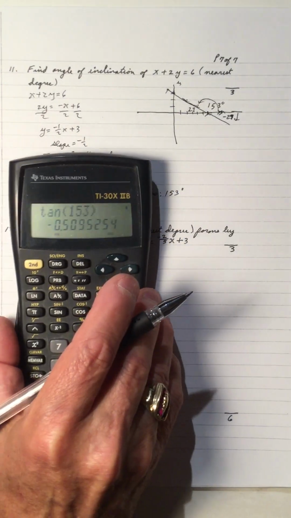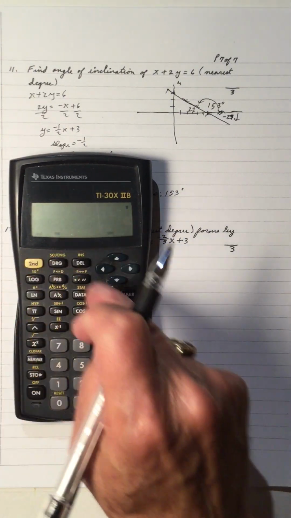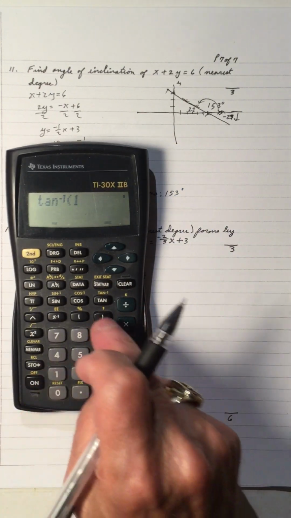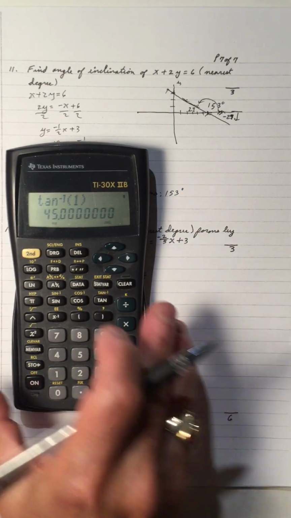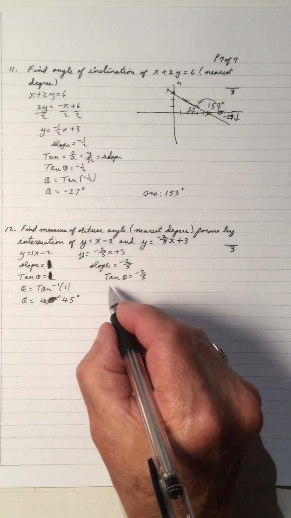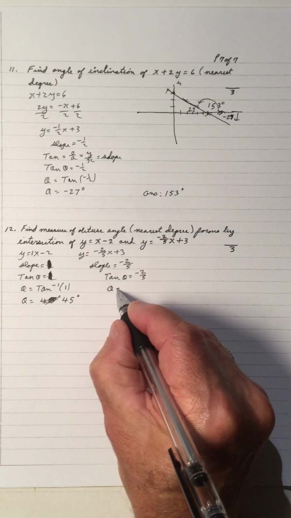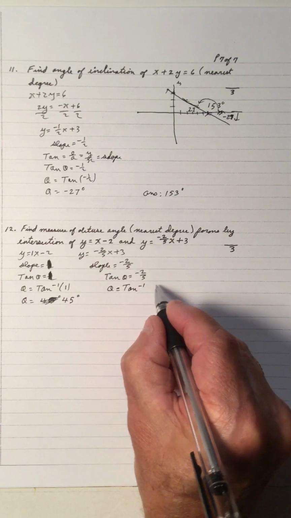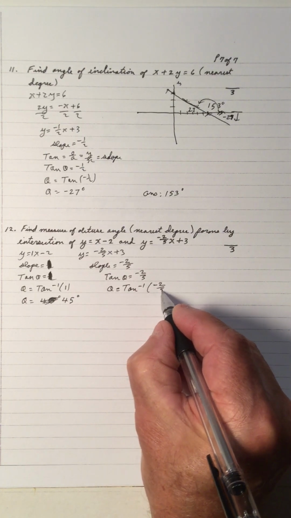So let's use my calculator. Inverse tan of 1, make sure, 45 degrees. Okay, now inverse tan of negative 2/5 to the nearest degree.